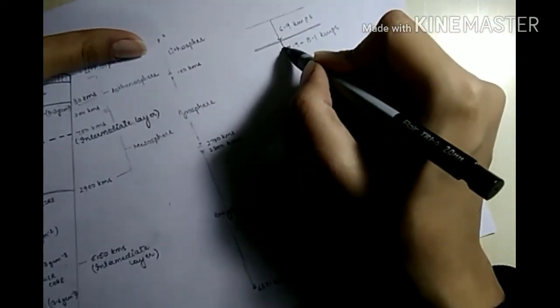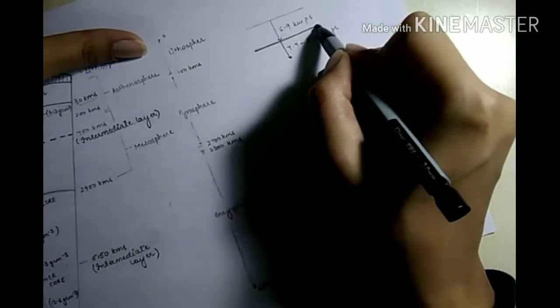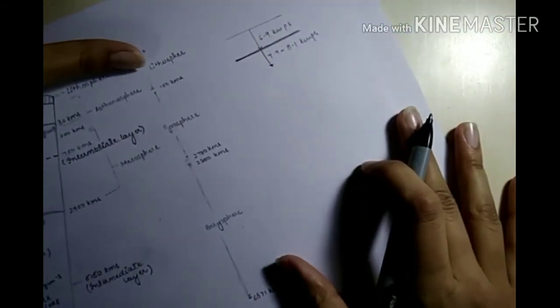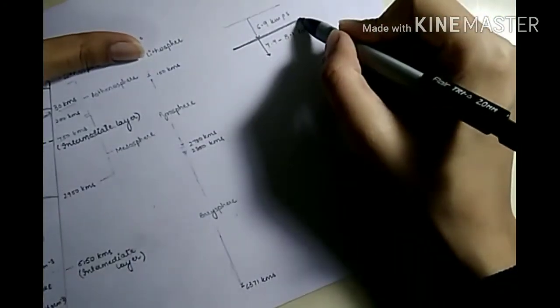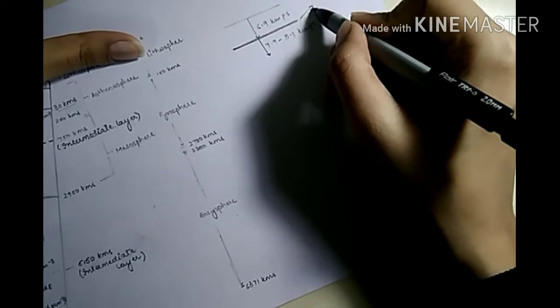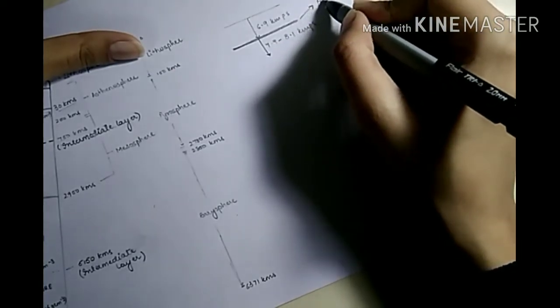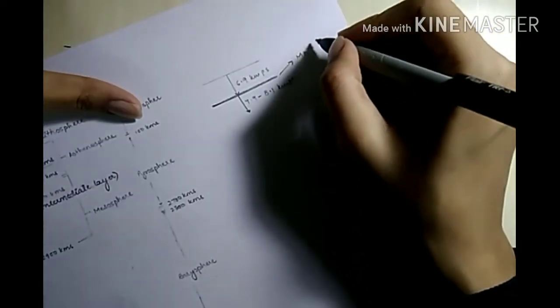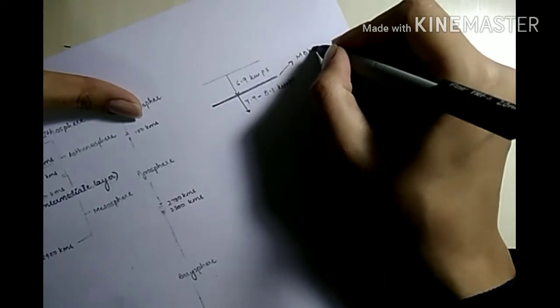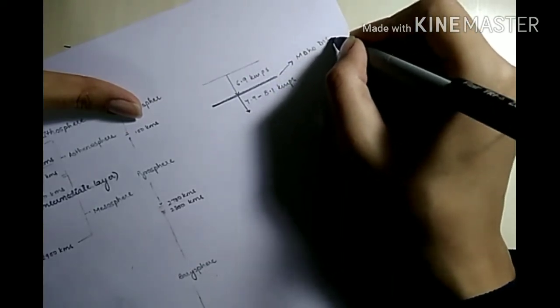So this was a huge change. This part was considered a discontinuity. This trend of seismic waves denoted a discontinuity, and it was known as the Moho discontinuity.